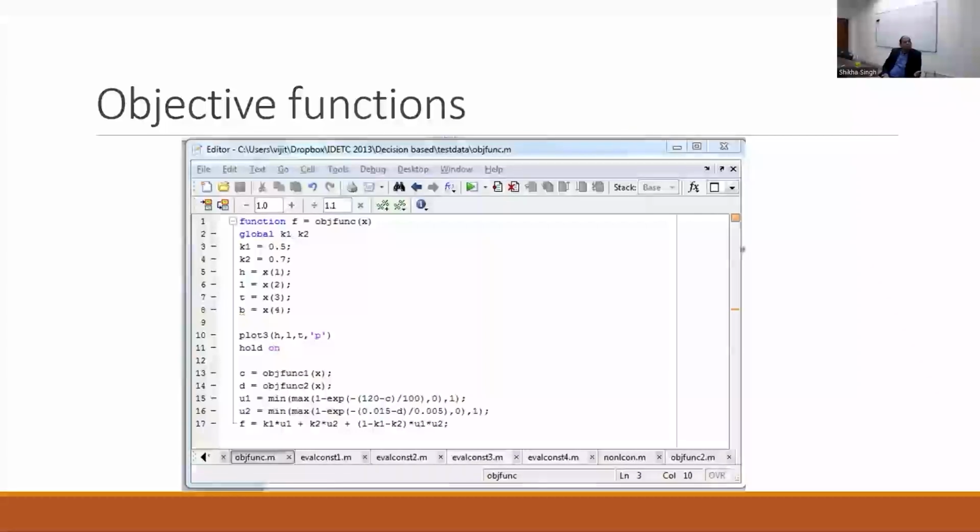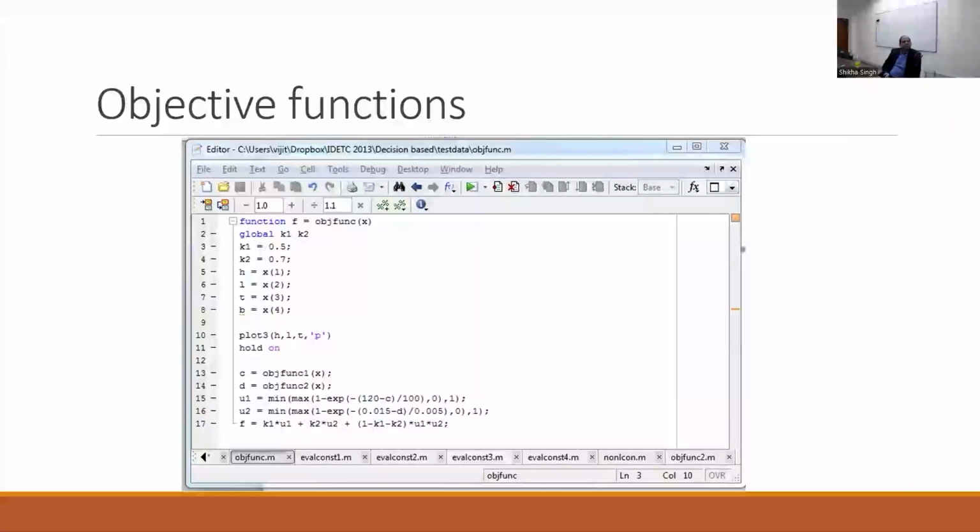Anybody remember what kind of multi-attribute utility function we're using here? Multilinear, right? So for two attributes, you can write it like this: 1 over k times the product of k k1 u1 plus... Okay.